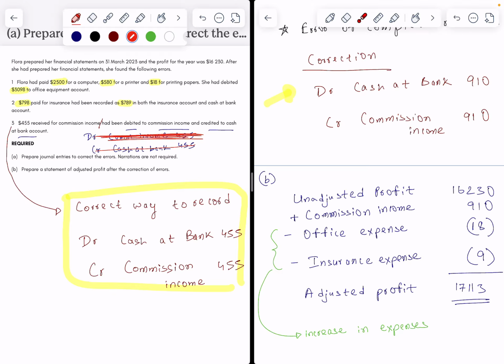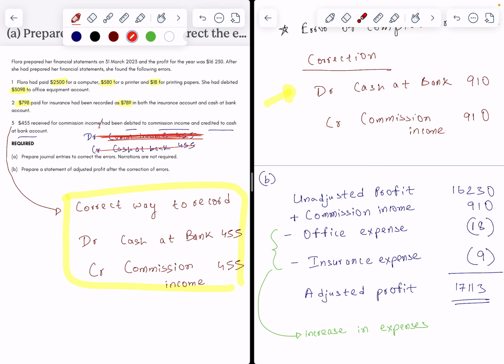Then for the first transaction, we understand that we are reducing our assets and increasing our office expenses, which is to include the cost of the printing papers. So when office expense goes up, obviously it is going to result in a reduction of the profit we originally had. Therefore, we will subtract the increase in office expense of $18.